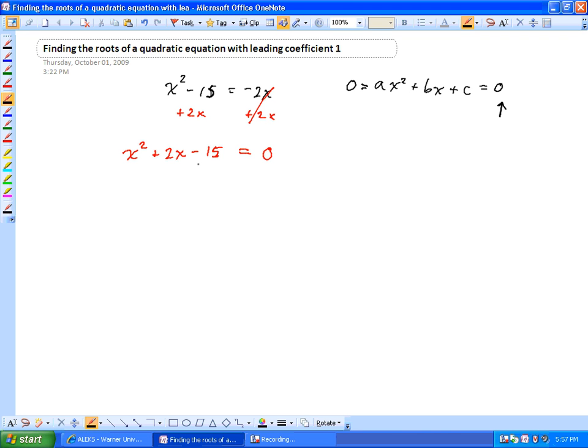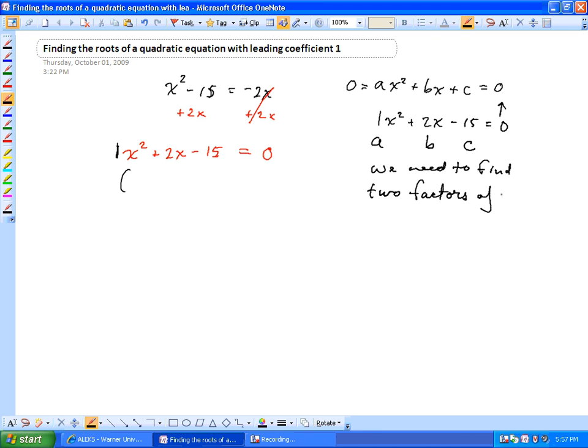When something is equal to 0 and you factor it, let's factor this really quickly. When a is 1, we have 1x squared plus 2x minus 15 equals 0. So a is 1, b is 2, and c is negative 15. Technically we need two factors of a times c, but when a is 1, it's just c.